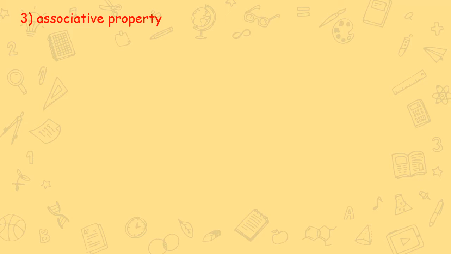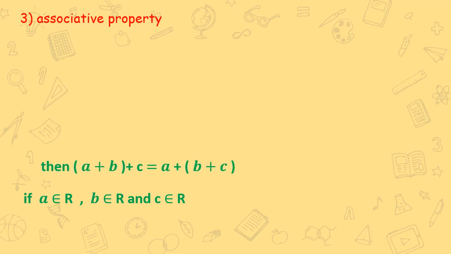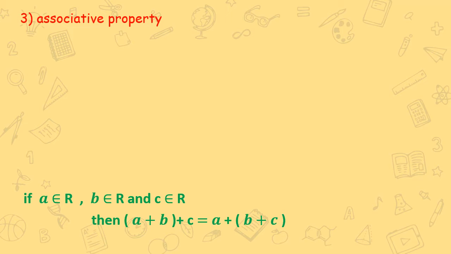Property number 3 is associative property. Associative property means if A belongs to R, B belongs to R and C belongs to R, if we start by adding A plus B at first, it is the same as if we start by adding B plus C at first. This is associative property.